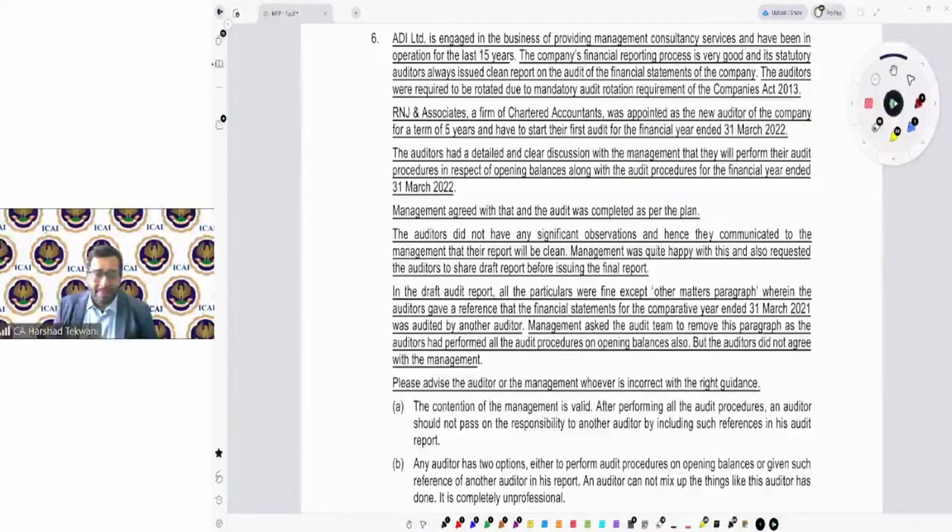Okay, whatever your answer is, I want it with reason. Why do you think it's a correct reporting? Based on which standard do you think it's a correct reporting?